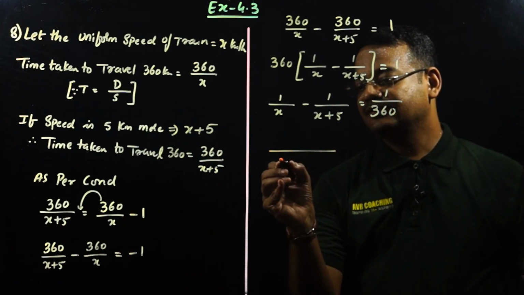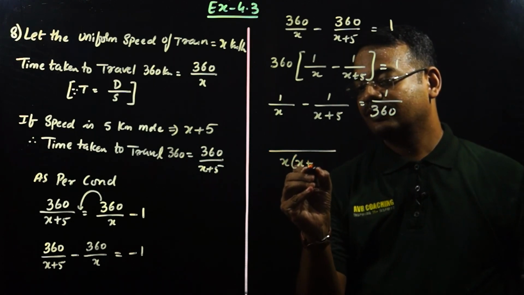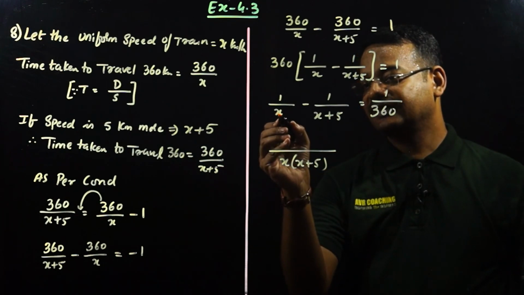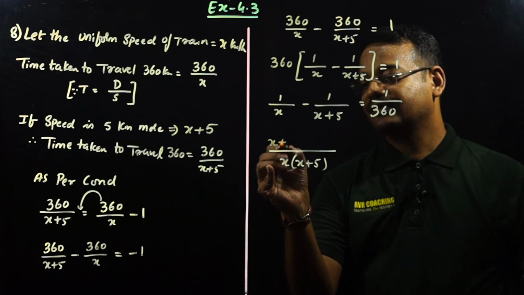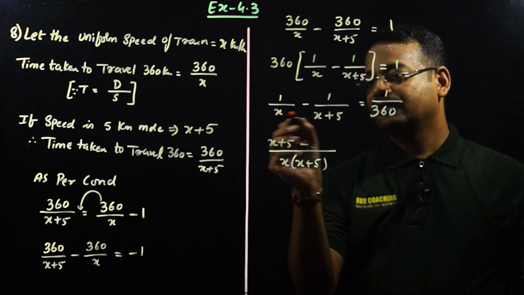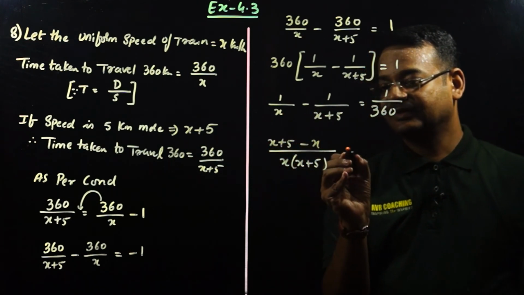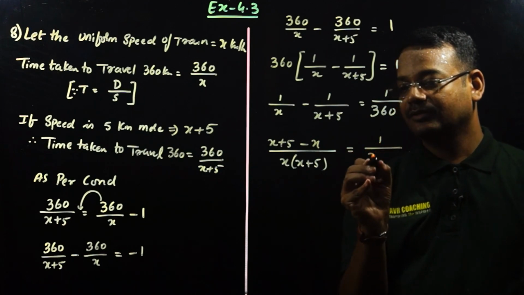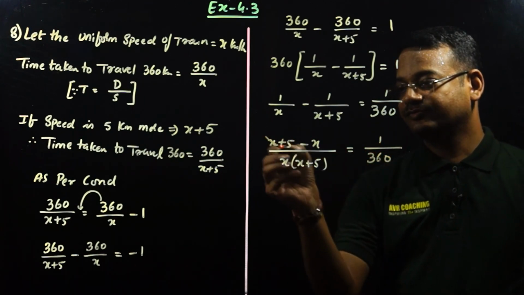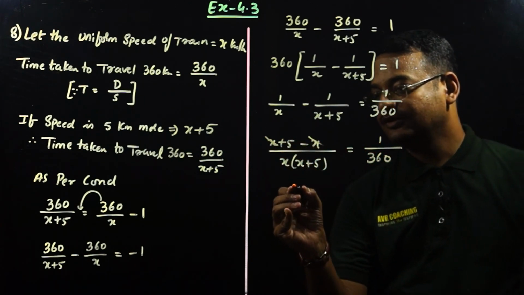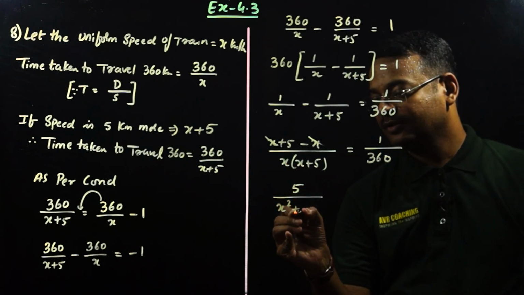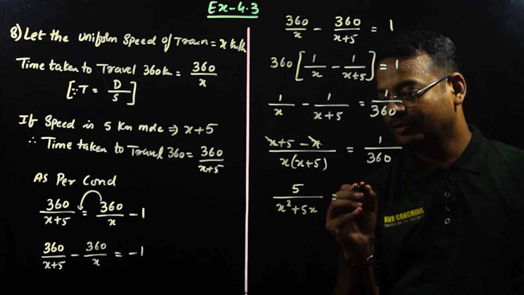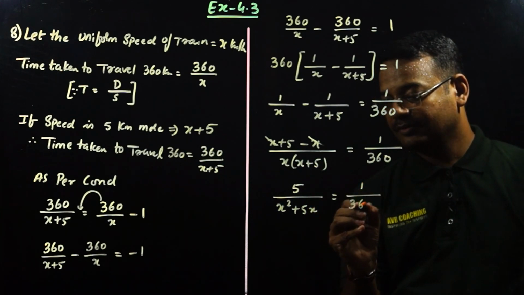So the LCM is x into x plus 5. So 1 into x plus 5 is x plus 5, minus x into 1 is x, is equal to 1 by 360. Those plus x minus x gets cancelled. This is 5 by x into x plus 5, that is x square plus 5x, is equal to 1 by 360.